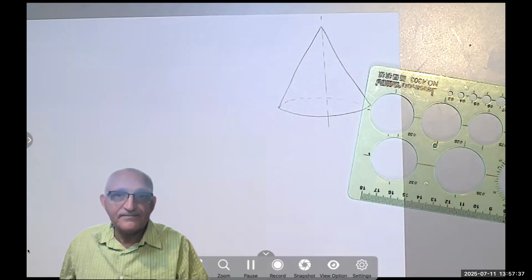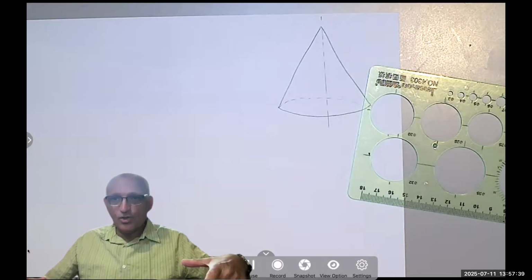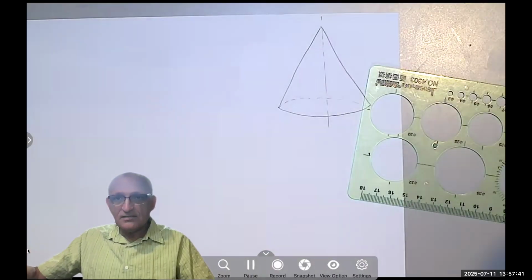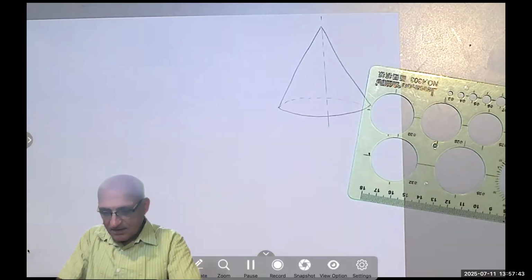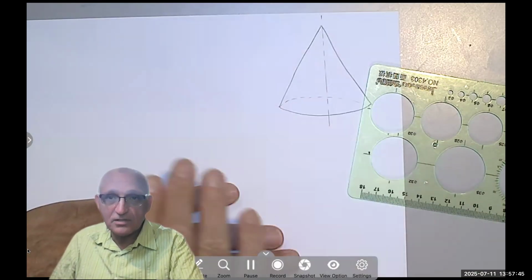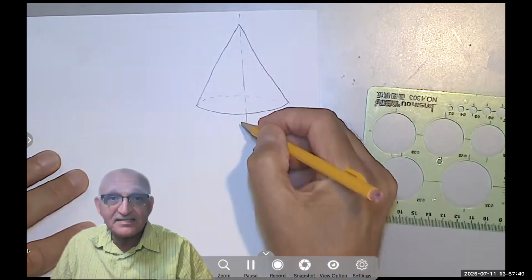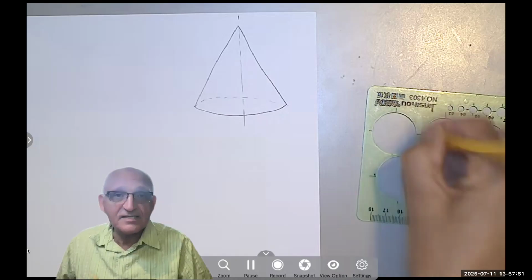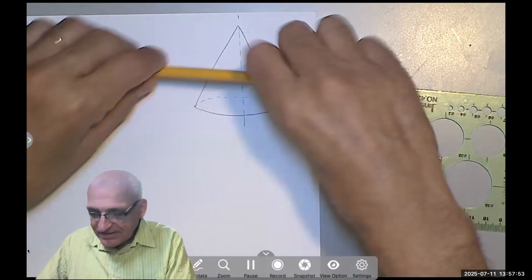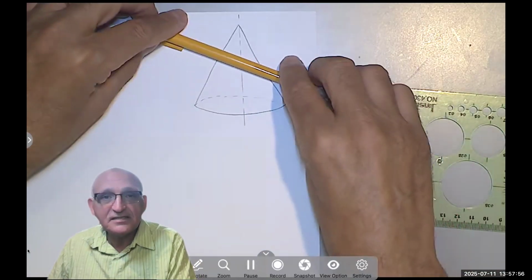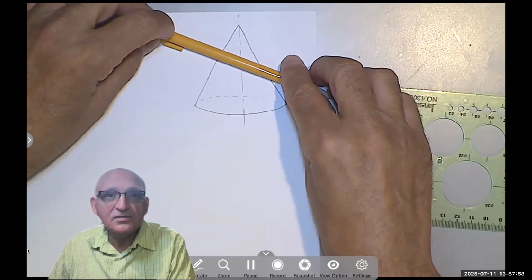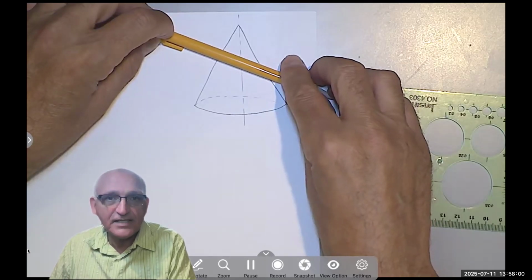Do you see that? If you have a cone and you cut it, and this cut is parallel to the horizontal or perpendicular to its axis, you will get a circle that looks like that. If you tilt the section a little bit, it will give you an ellipse, right?